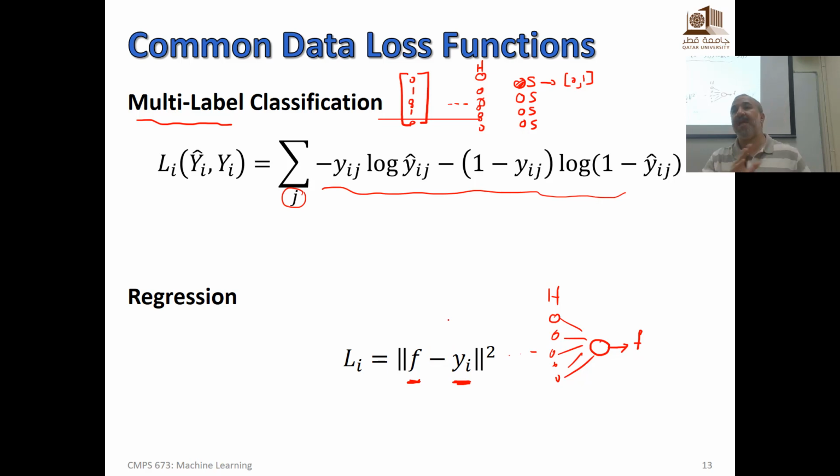Of course, there are many other loss functions, but these are just common examples to be used. So as a summary, we saw binary classification, multi-class classification, multi-label classification, and regression.